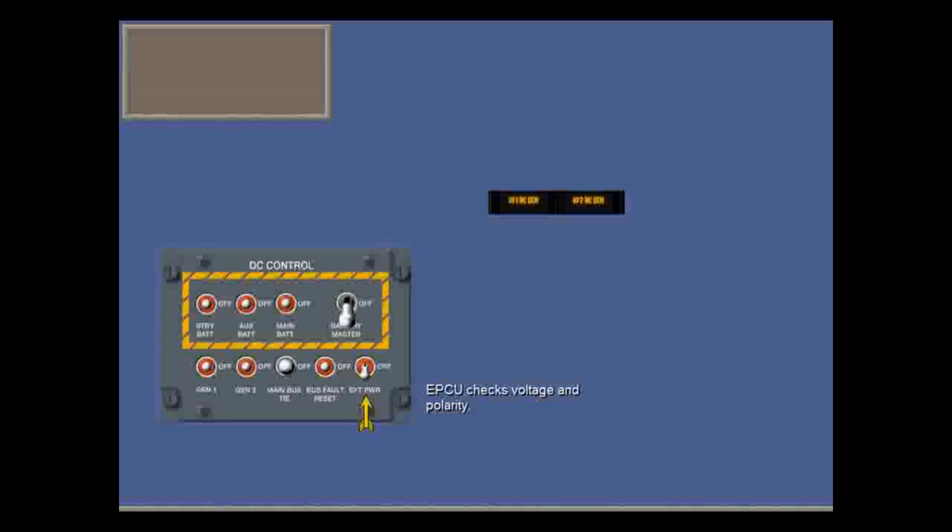External power powers the main feeder buses only if the EPCU okays its voltage and polarity. The main bus tie switch manually ties the left and right main feeder buses together, or manually separates the main feeder buses. However, the EPCU logic overrides this switch and will prevent invalid conditions.